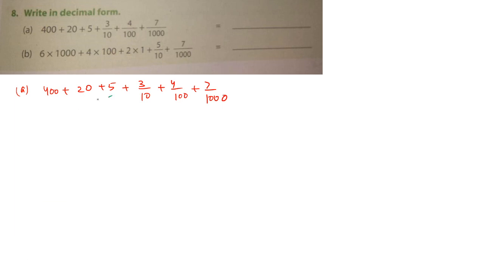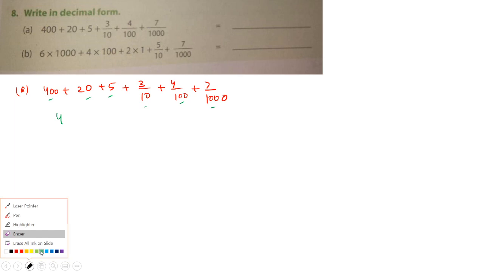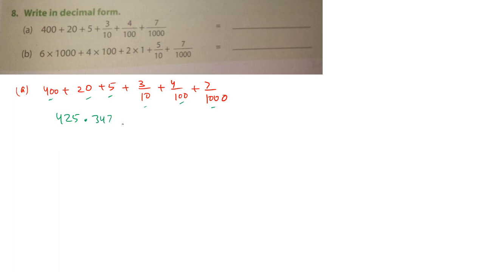This is ones, this is tens, this is hundreds, this is tenth, this is hundredth, this is thousandth. So you will write 400 plus 20 plus 5 is 405. Sorry, 425. Okay, 425.347. This is the answer.